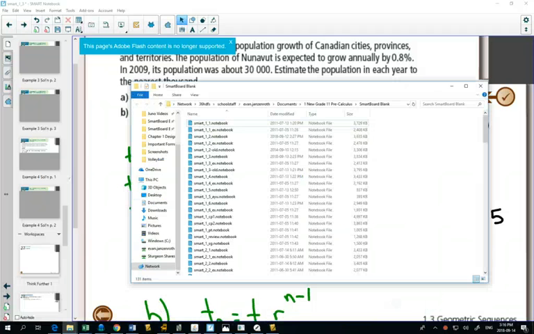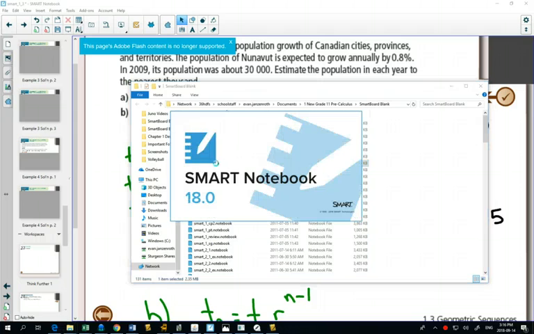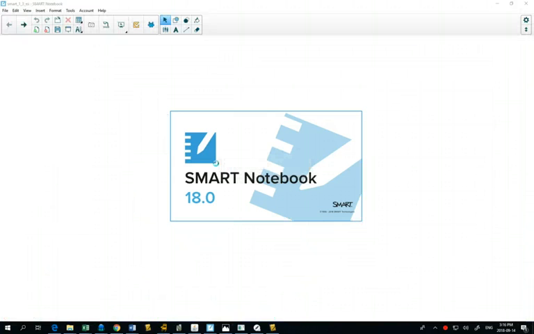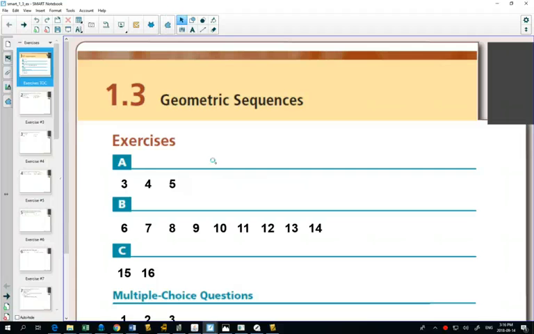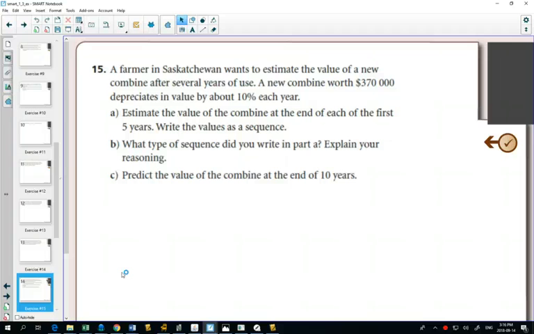It's in part C, so that supposedly means it might be harder. A farmer in Saskatchewan.